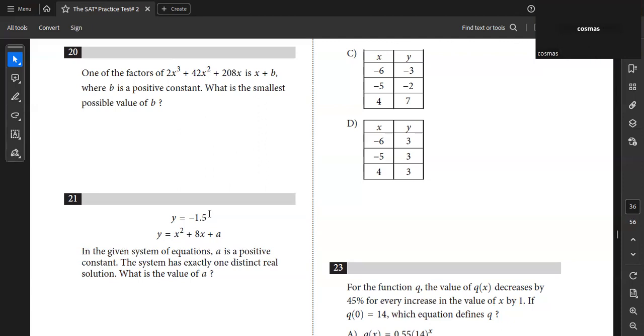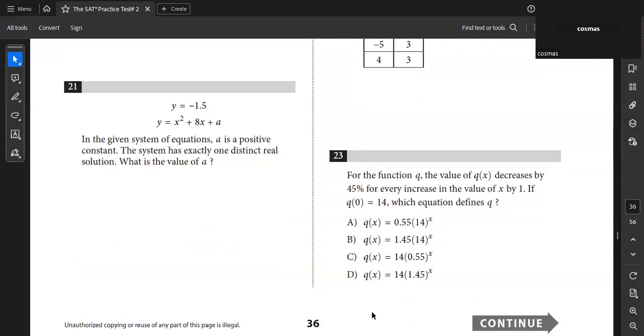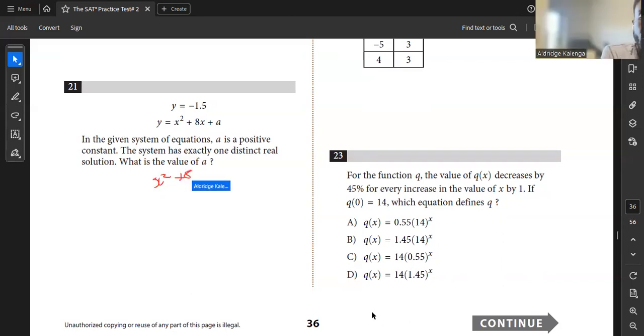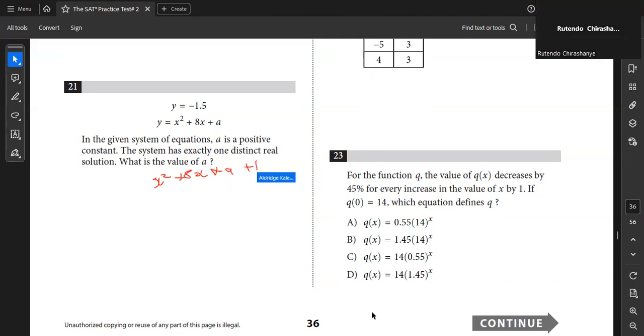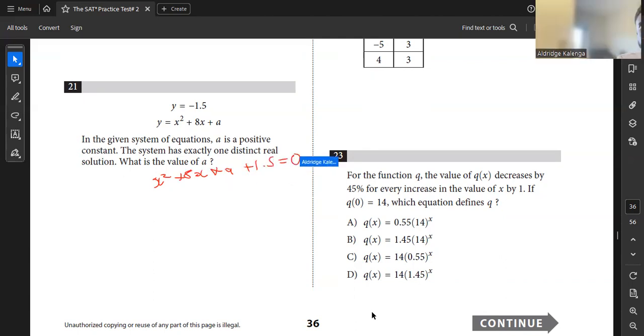Okay, yeah, kind of. I can try. Since the first equation says that y is negative 1.5, and then you have the second one down there. For the second equation, we can just replace y with negative 1.5. We take everything to one side: x squared plus 8x plus a plus 1.5 is equal to 0.